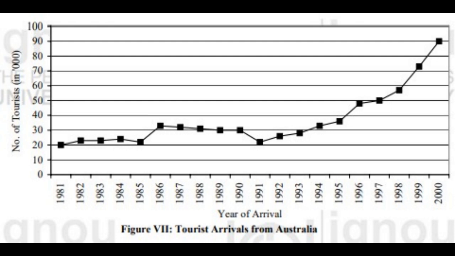6. France. France occupied the 6th position among the tourist-generating countries for India and constituted about 4.2% of the foreign tourist arrivals in India during 2000. The arrivals grew from 57,272 in 1981 to 89,565 in 2000 at a compound growth rate of 2.4%.